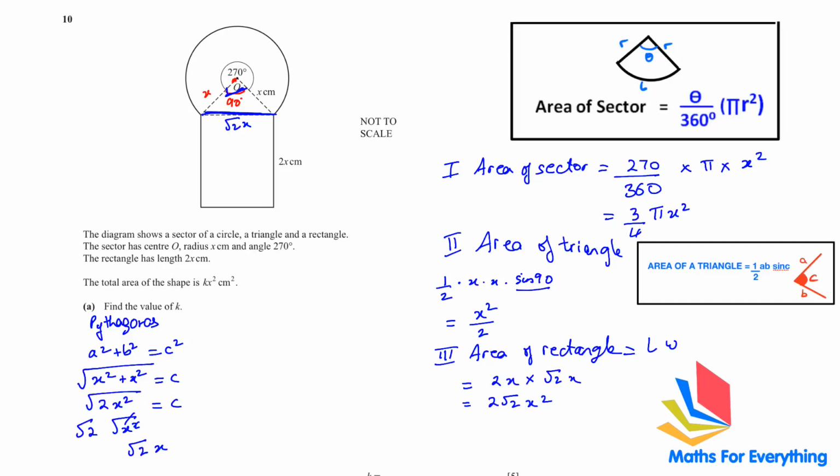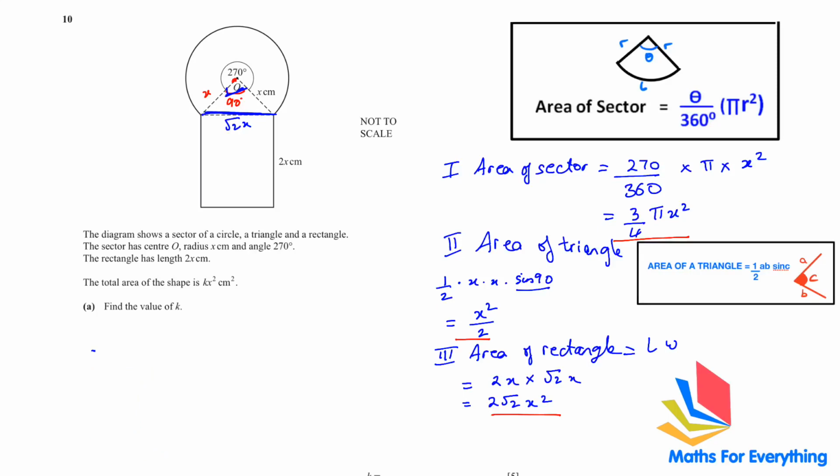Now we have to add all the areas, this area, and this area. I will just erase this part here so we can do that here. We have total area is 3 over 4 pi x square plus half x square plus 2 square root 2x square.